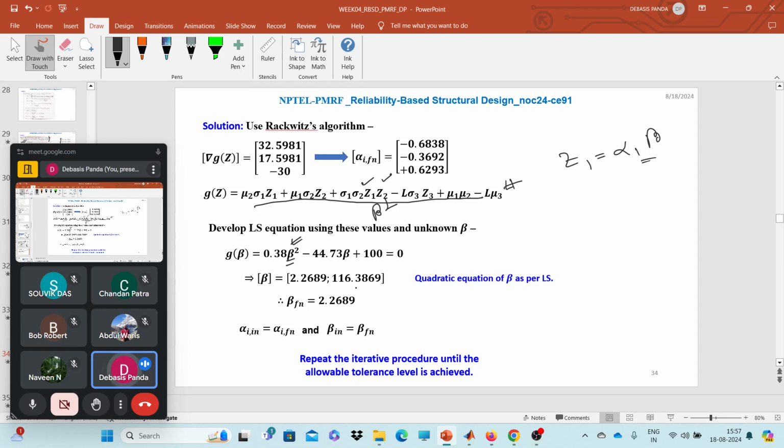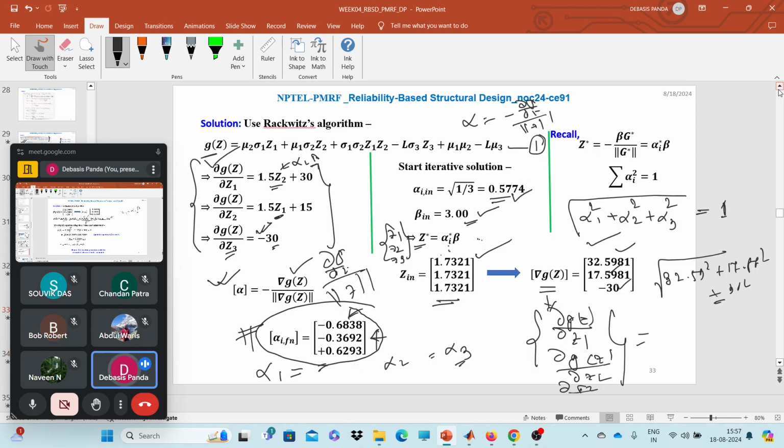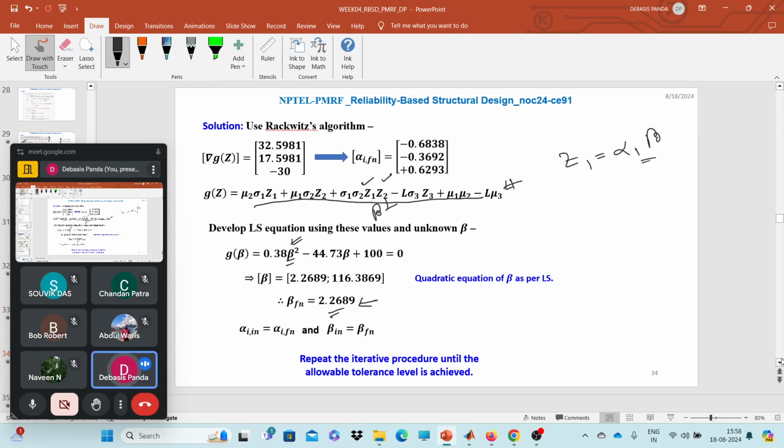So you will get a new beta, and that is 2.26. Now once you have found this beta, based on this beta and the direction, based on the gradients, you need to find the new alphas. Clear? And based on the new alpha, you again find the new beta until convergence is achieved.